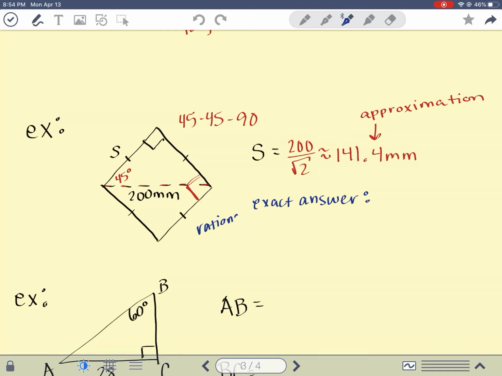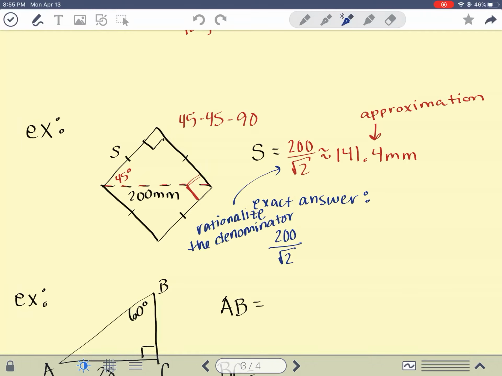You will do something called rationalizing the denominator. If we look right here, square root of 2 is an irrational number. We don't want that in the denominator.